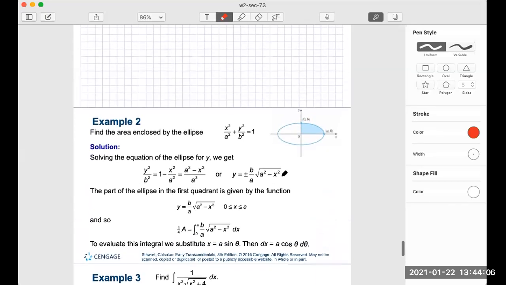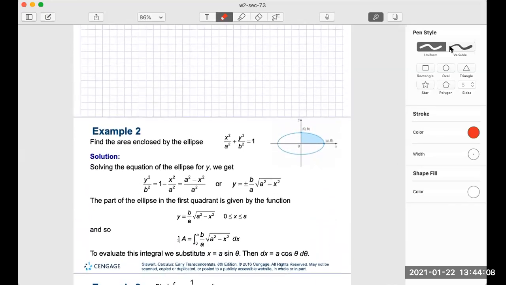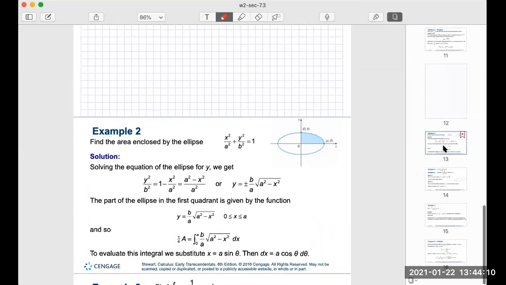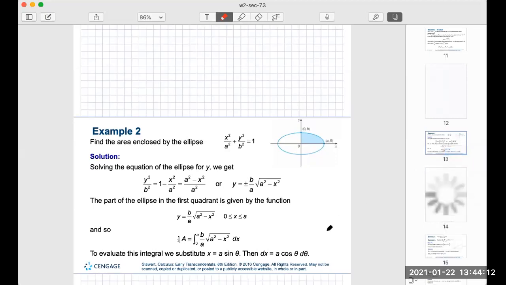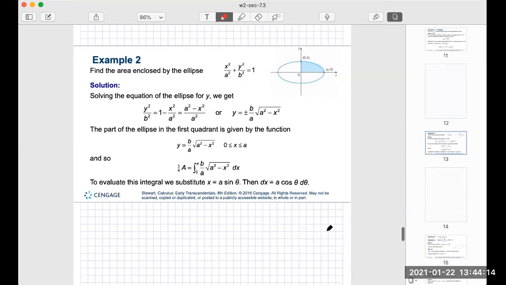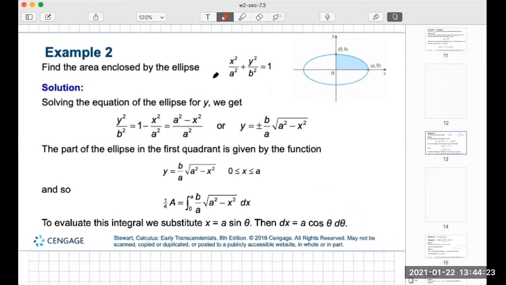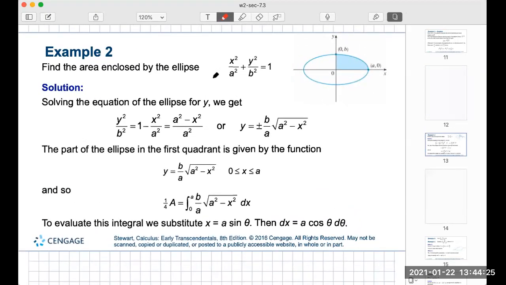And here, let us compute the second example. Suppose we have the ellipse given by this equation, x squared over a squared plus y squared over b squared is equal to 1. Then this is the graph of this equation.